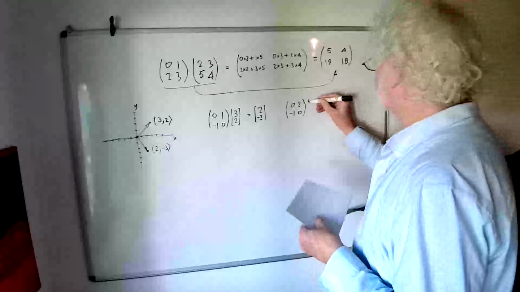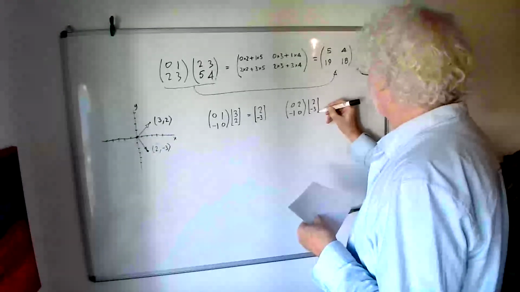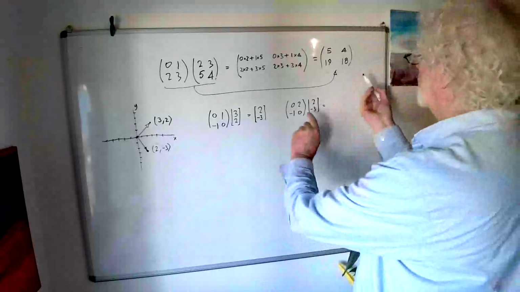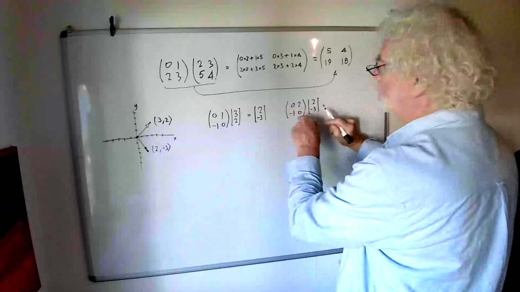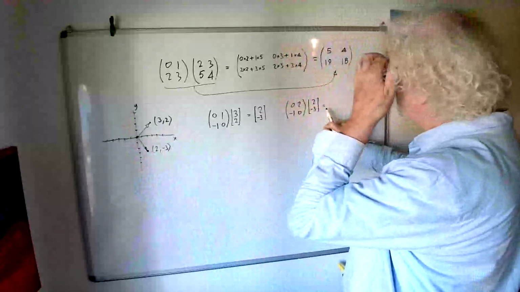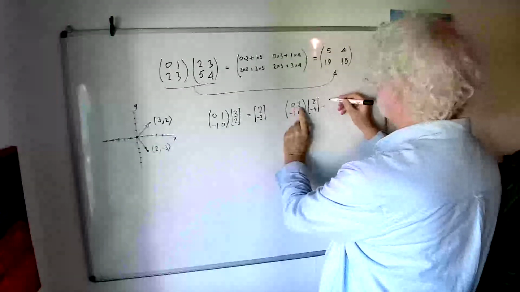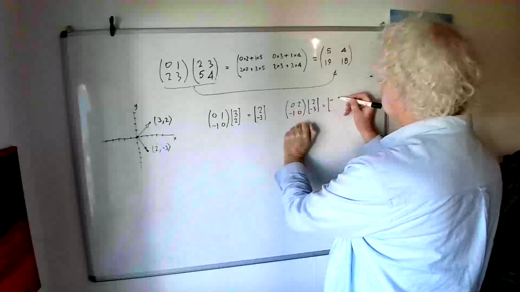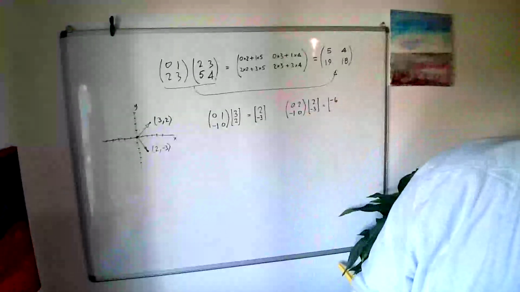Yeah, acting on this new vector, this one will map that one to another place somewhere. So that's 0 plus minus 3. Wait, sorry, minus 6. Is that right? Is that what I want?